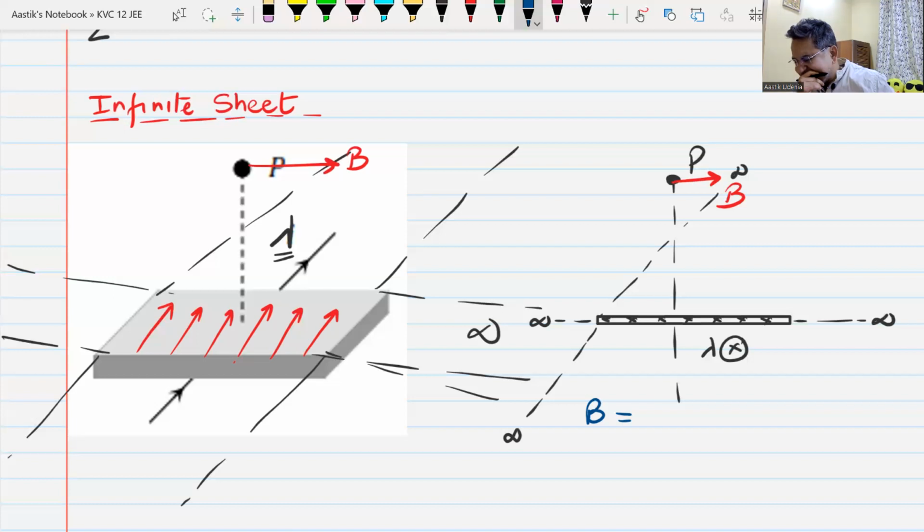Mu naught lambda by pi phi. Take a deep breath again. What is phi? I have not drawn any phi here. So if you give me the answer in terms of things that are unknown, it is still a question. So you have asked me a question again, so I ask the question back again. What is phi? This sheet has become infinite in this dimension as well.